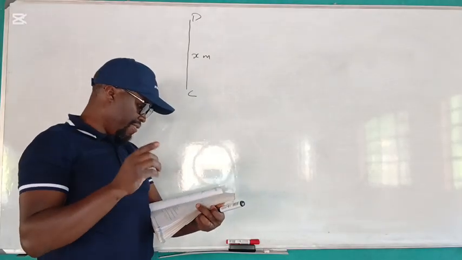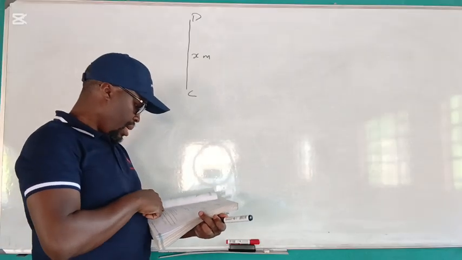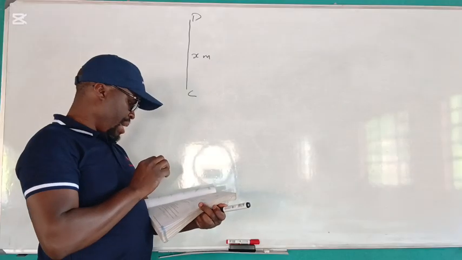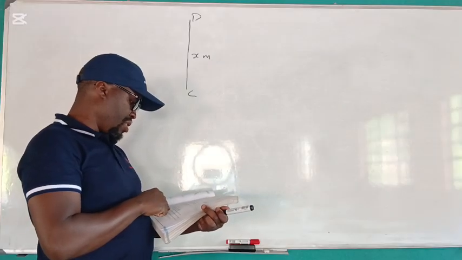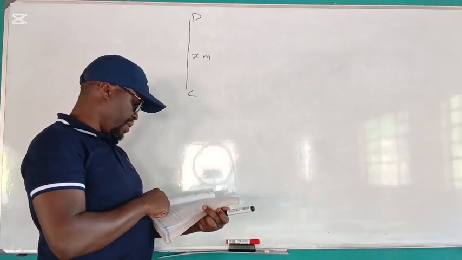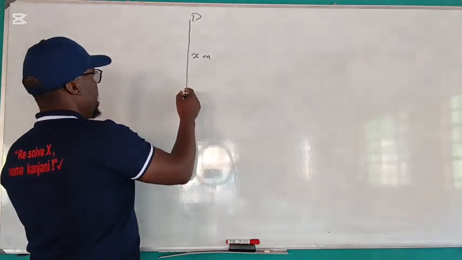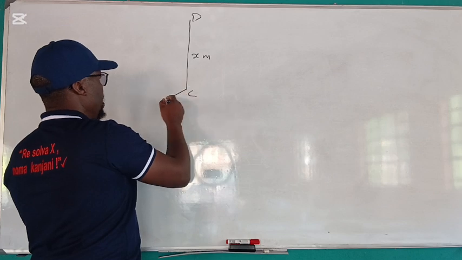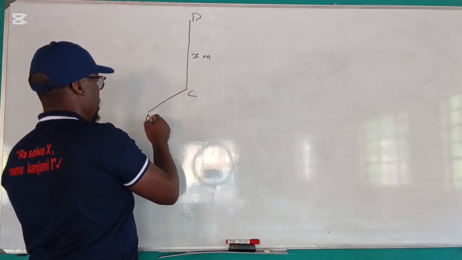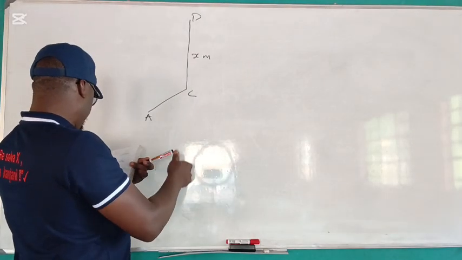The height of the observation tower is X meters. And they say from A, the bearing of C is alpha, and the angle of elevation of the top of the observation tower at C is theta. Meaning that our A should be this side.